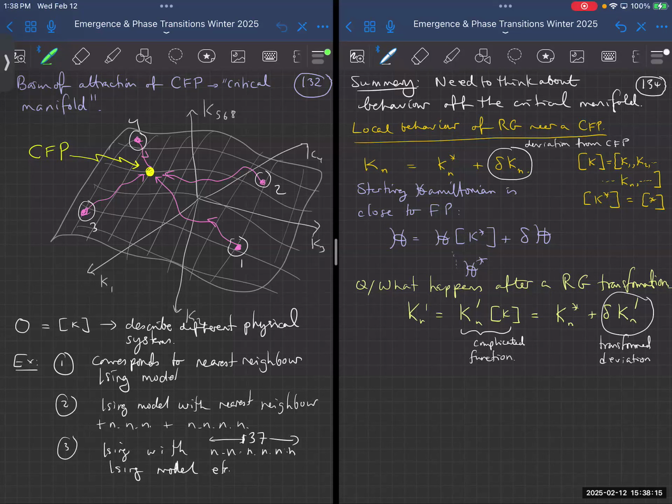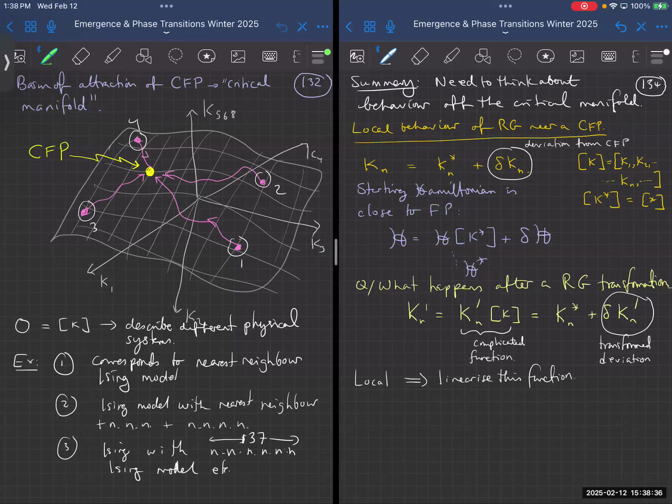But because we're looking at local behavior, local means that we can linearize this function.